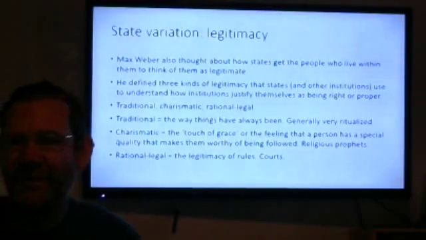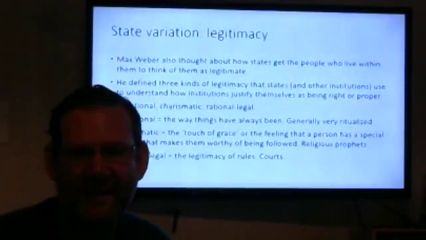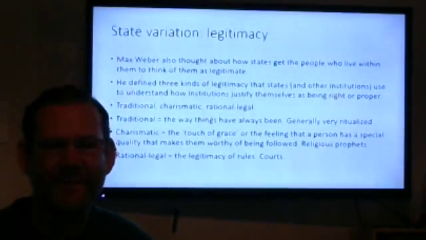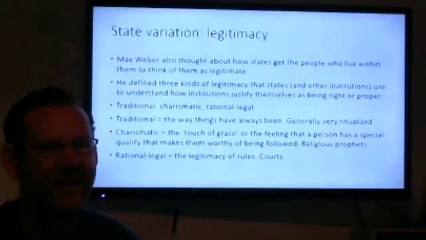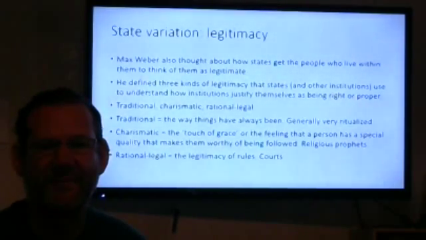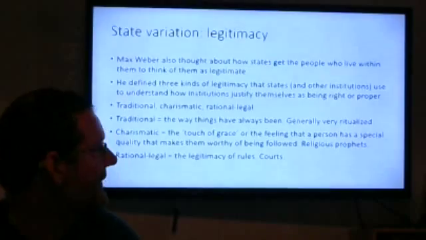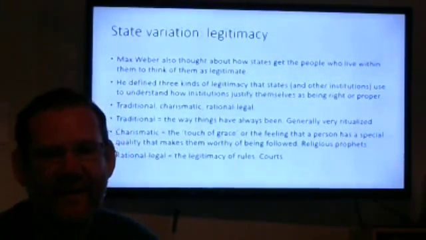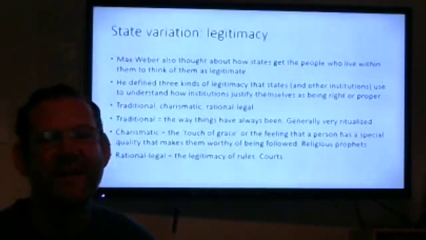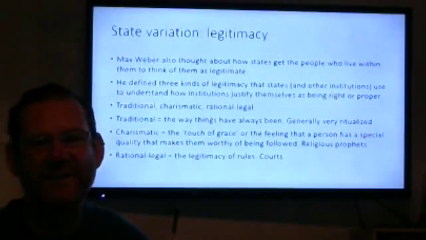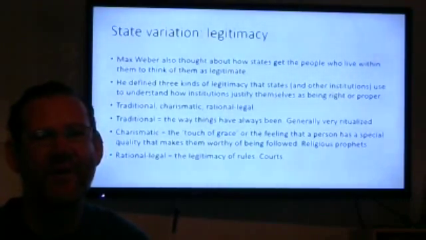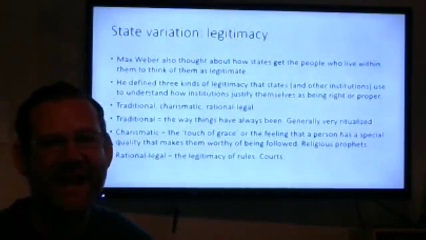Okay, but let's also think a little bit more intensely now, beyond the basics of what the state is. Let's think about how states vary and some of the conceptual apparatus we need for thinking about how to construct states and think about them. Max Weber also thought very intensely about how states come to be seen as legitimate, being appropriate or correct for the purpose at hand.